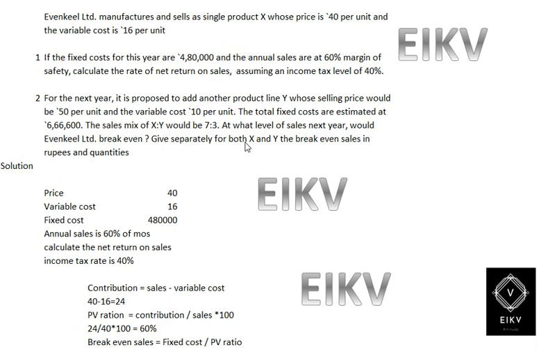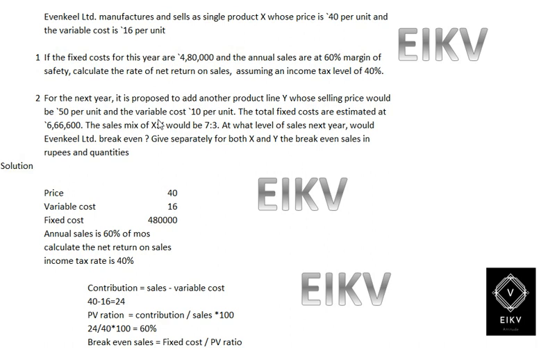Give separately for both X and Y the break-even sales in rupees and quantity. So here in the next year the company is planning to introduce a new product, Y, and the quantity of the products will be in the proportion of 7 is to 3, and the total fixed cost will be 6,66,600.